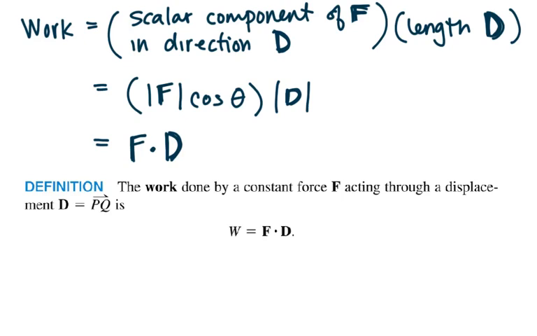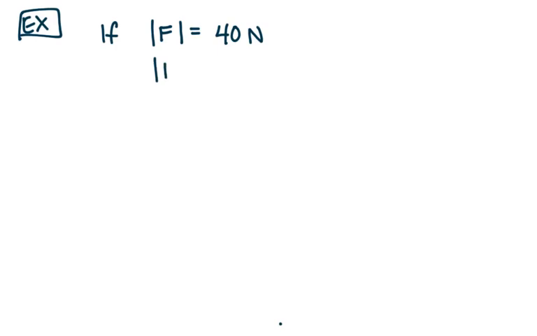Let's do one example. So for example, if we have some magnitude for our force vector at 40 newtons, and D, the magnitude of my displacement vector, is 3 meters. And we know that the angle theta was 60 degrees.